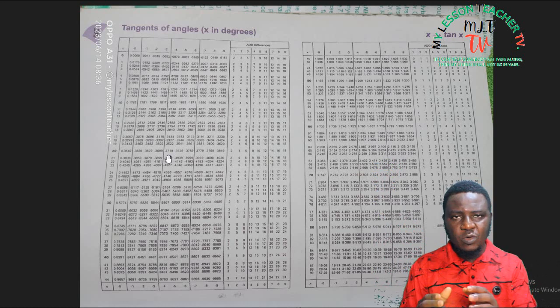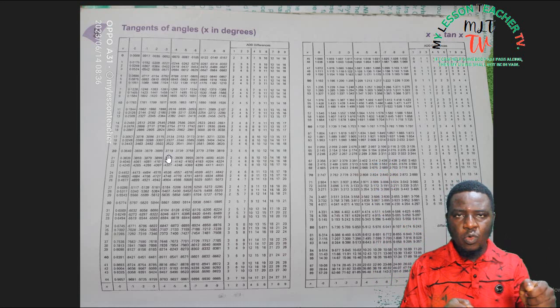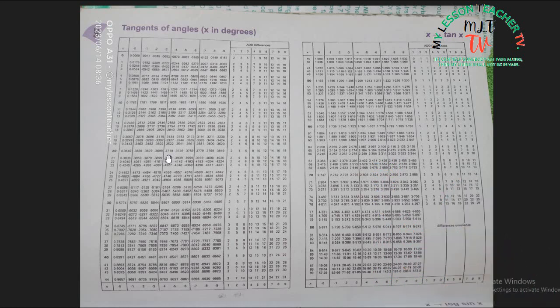But for the first quadrant, where we have angles from 0 to 90, the values range between 0 and infinity. So we shall be using it to find our values for tan.